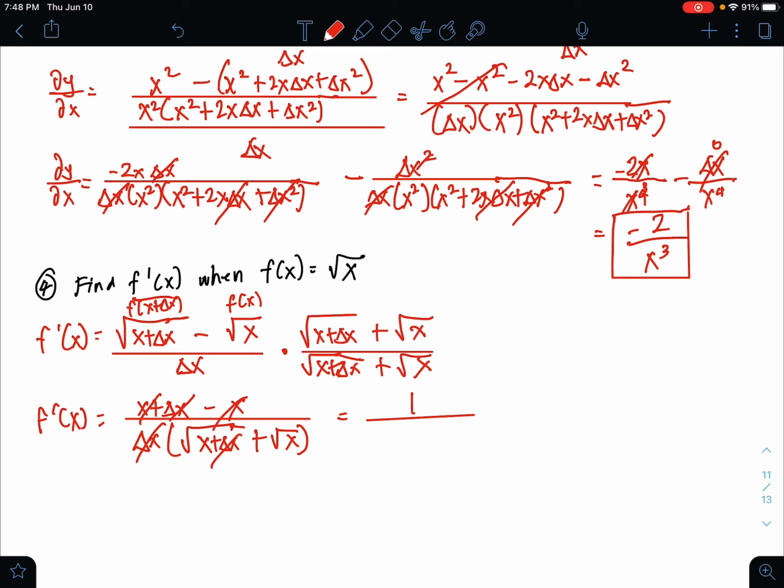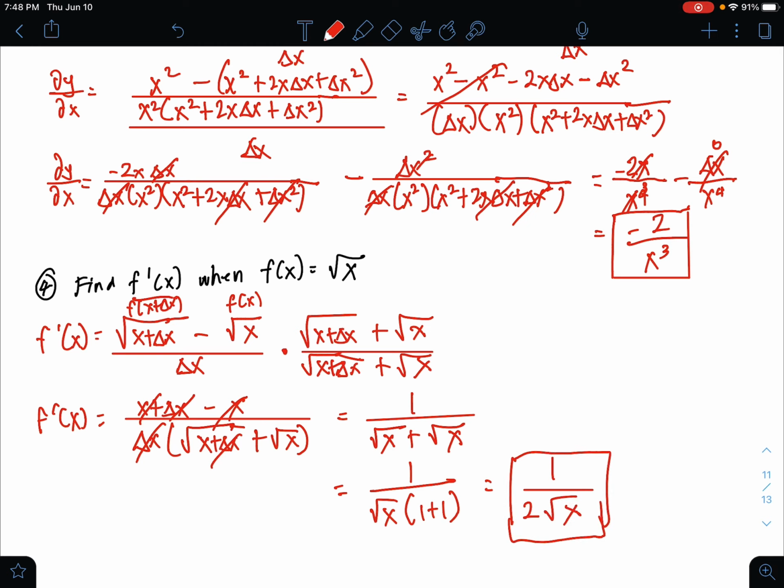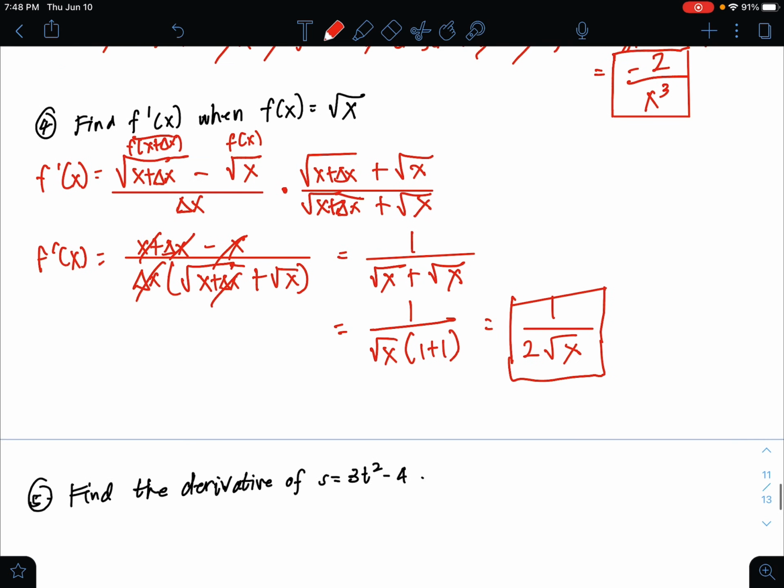So, mabilin, square root of x plus square root of x. So, our final answer is 1 over, factor na to, 1 plus 1. So, that's our final answer. Na, go sa box. Na, wala na. So, that's our final answer.